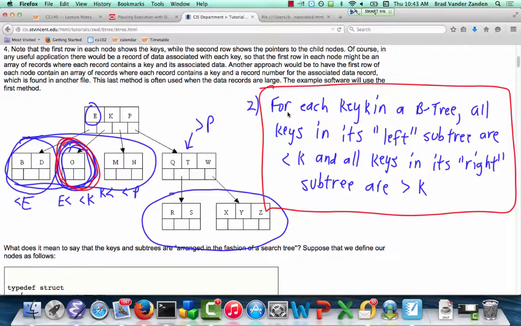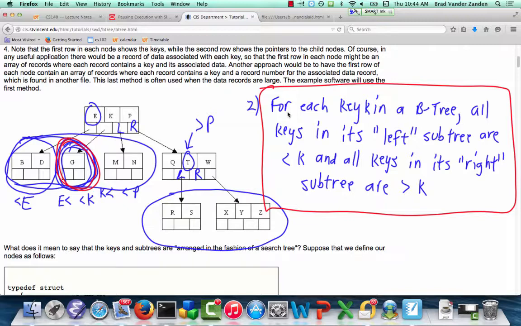So when you look at a key, this would be its left and this would be its right. If you look at P, this would be its left and this would be its right. That's why I put them in quotes, because there's multiple children, but you can kind of think of each key as having two children.